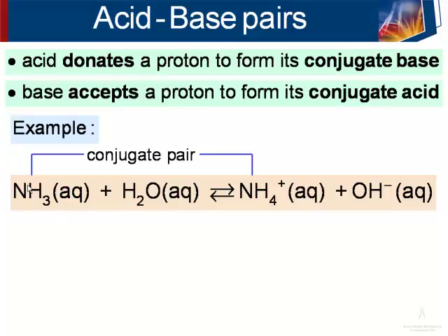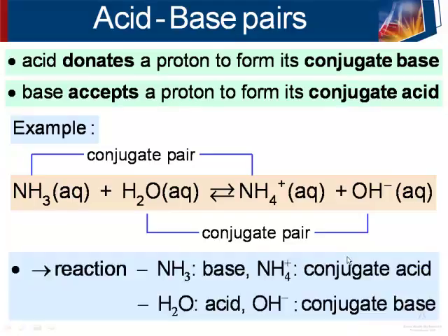Basically, the ammonia accepts a proton to form its conjugate acid, and the water donates a proton to form its conjugate base, which is the OH minus ion. In summary, the ammonia is the base, and the NH4 plus ion is its conjugate acid, and the water is the acid, and the OH minus ion is its conjugate base.